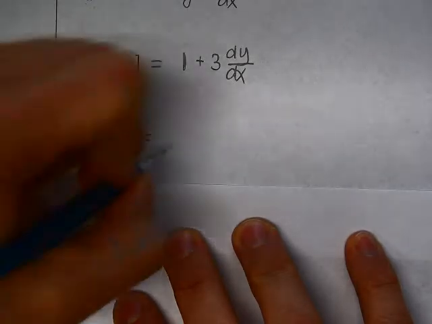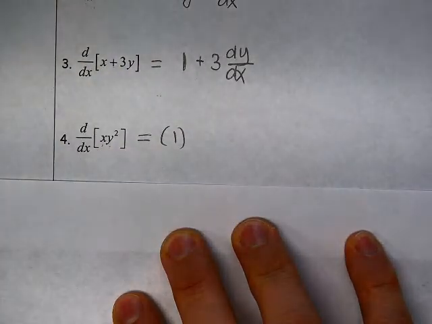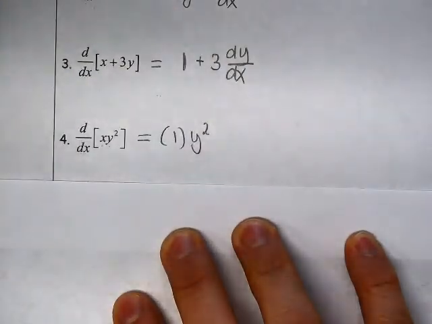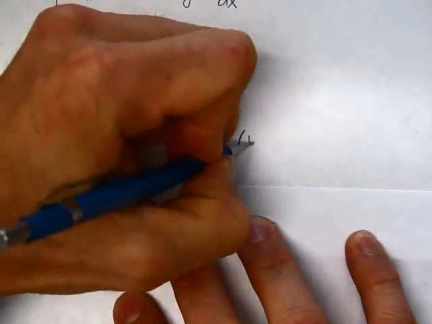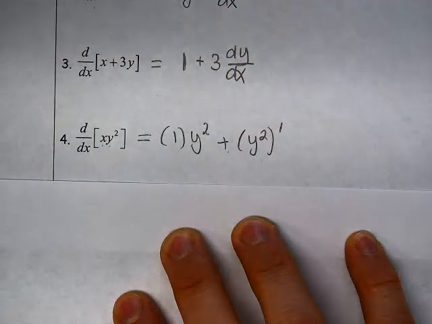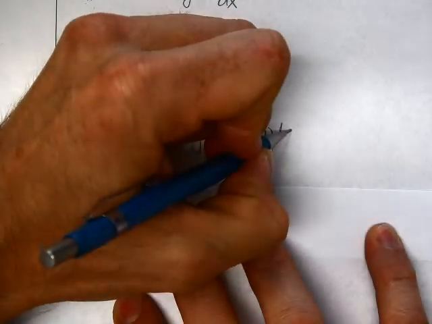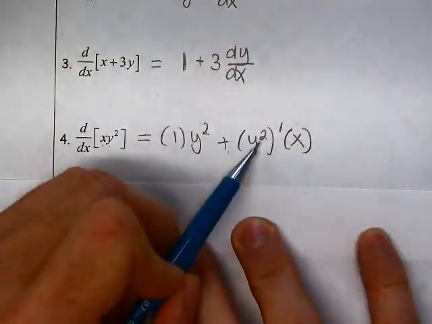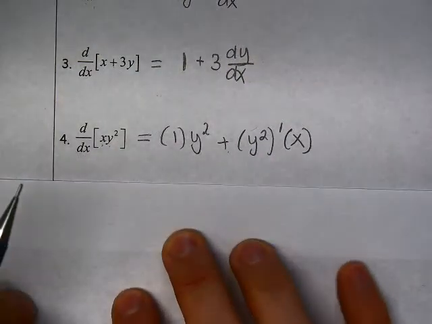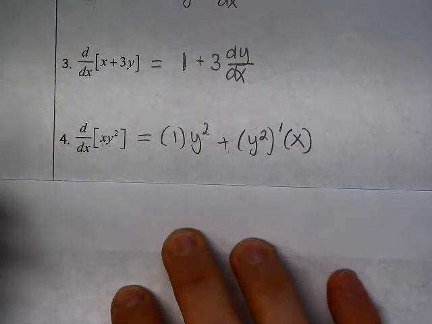So the derivative of x is 1 times y squared plus the derivative of y squared times x. And you'll notice that I didn't actually take the derivative of y squared yet because I want to do that in the subsequent step so we can see what's happening there.